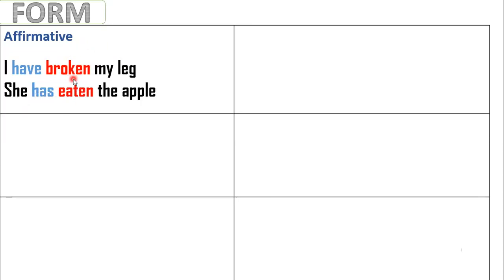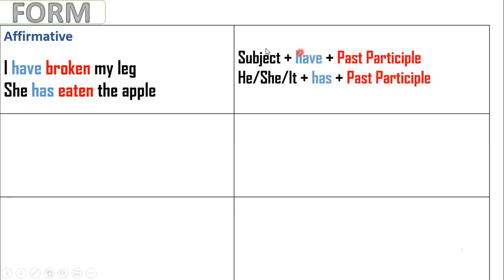Is it the past simple? No. Past simple of break is broke, eat, ate. This is different. It is what we call the past participle of the verb. So we have subject plus have plus past participle.